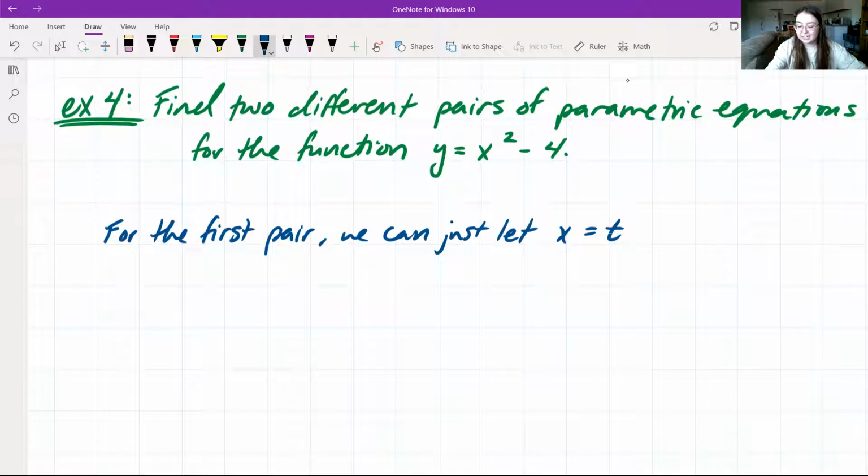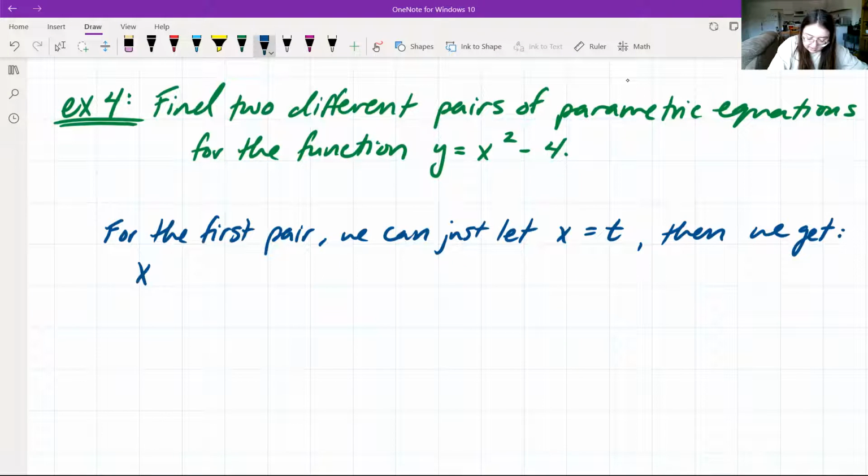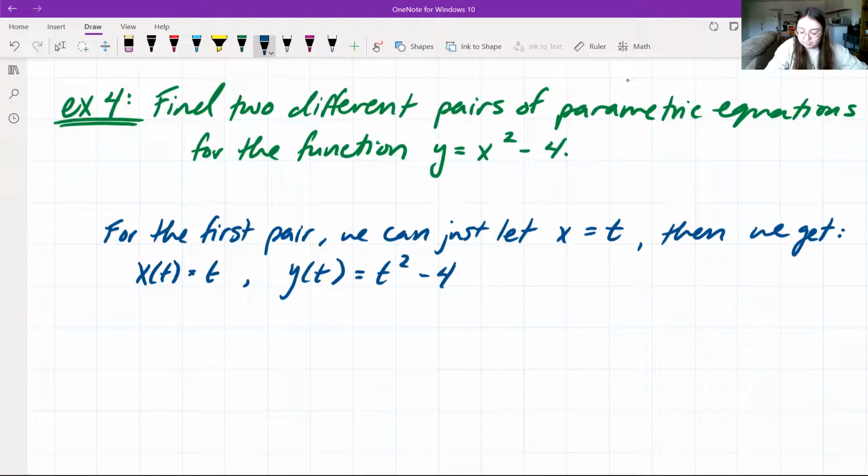And if we let x equal to t, then we get that x of t is equal to t, such that now y of t is equal to t squared minus 4. And t is now defined between negative infinity and infinity.